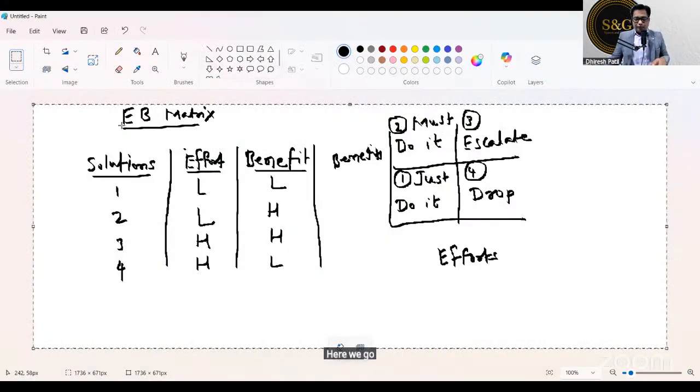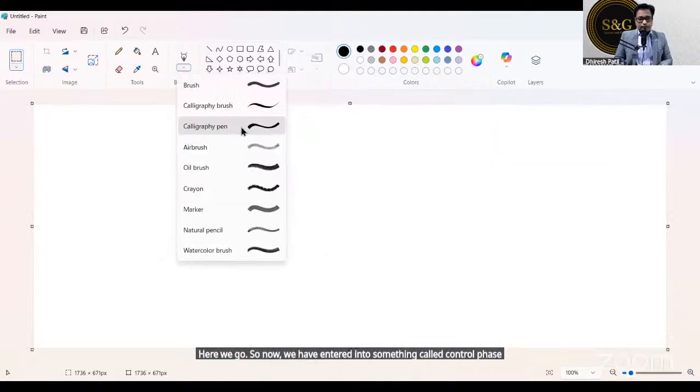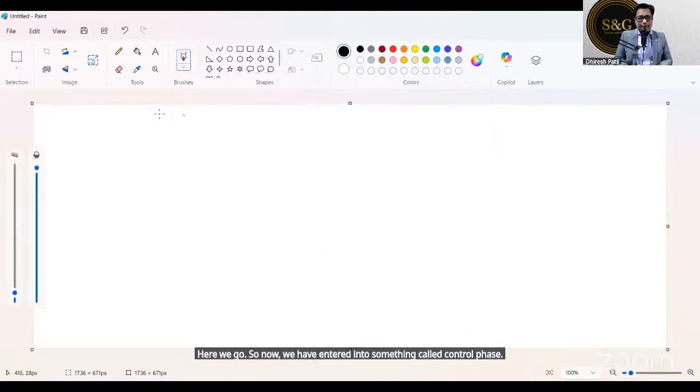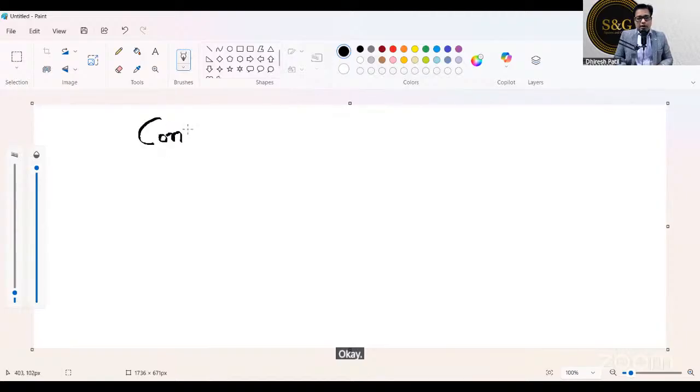Okay, super. All right, so let me just quickly share my whiteboard right now. Here we go. So now we have entered into something called the control phase.